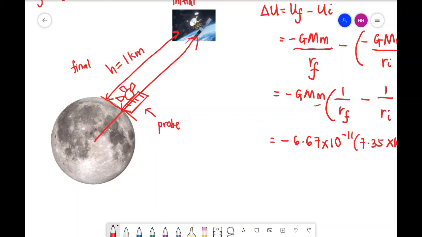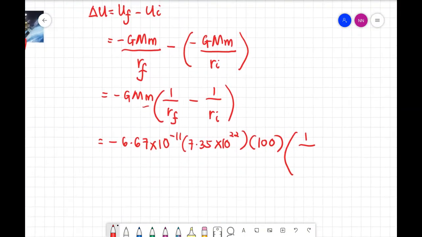Okay, R dalam formula U equals negative GMm over R adalah distance between the point and the point mass. So dia dekat position ni, so point mass ni mesti sampai center. So R final dia adalah radius of moon.